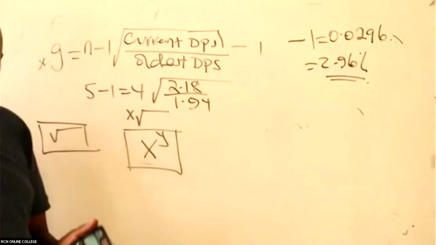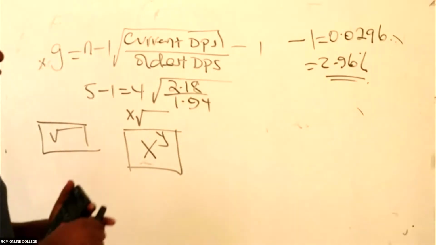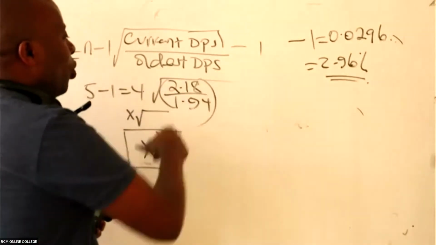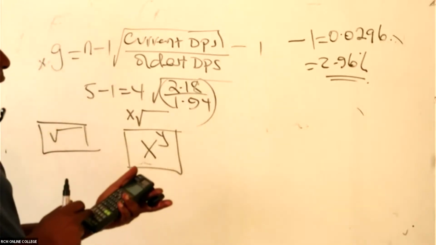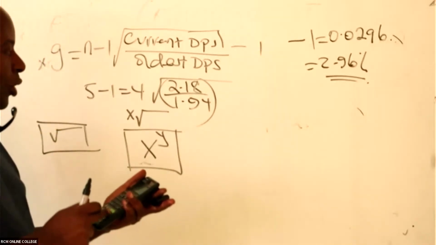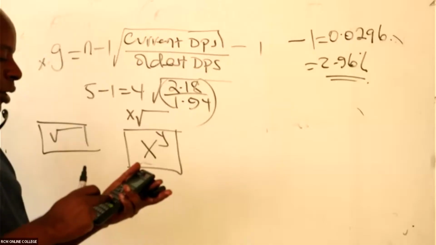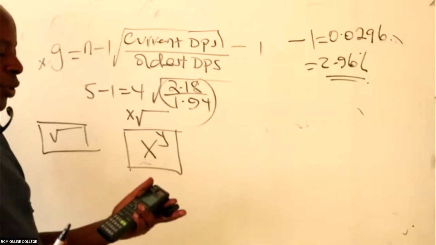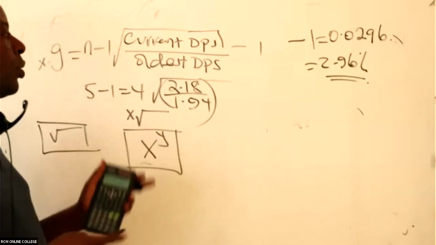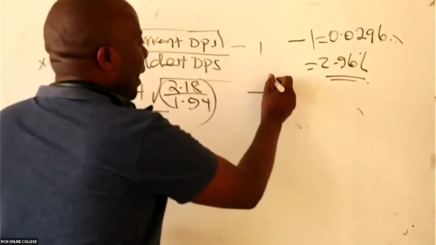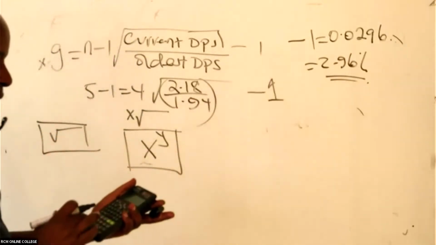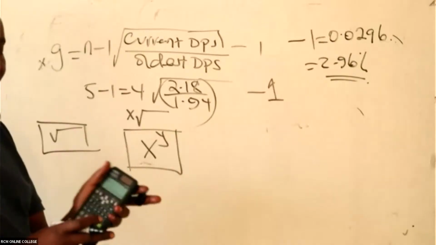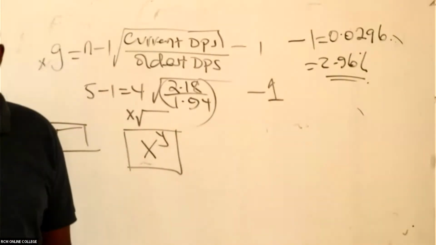We must always open brackets. So open brackets, 2.18 divided by 1.94, close brackets, say equals. After you say equals, you take away the 1, and then you'll get that answer.